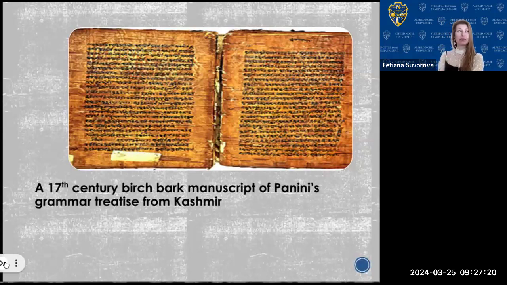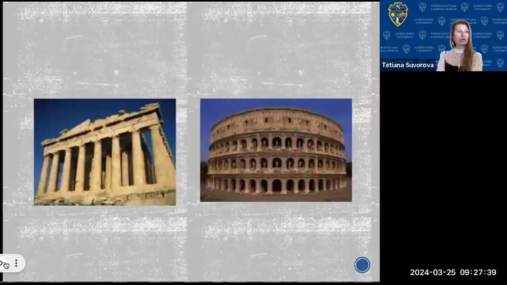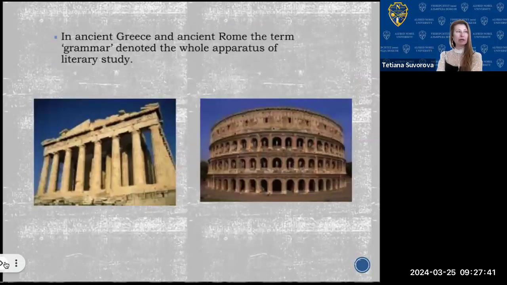So we speak about generally in which form we can obtain that grammar. And this exact piece of grammar, which is kept in the libraries, in the museums as an artifact, goes from the 17th century, because of course from those ages it's difficult to find something, but it was rewritten. For that reason, we can speak here about that.